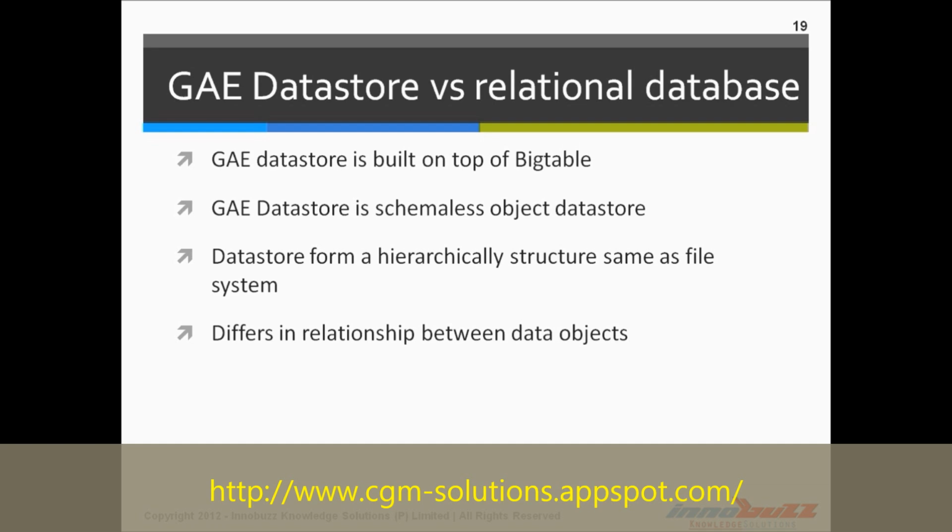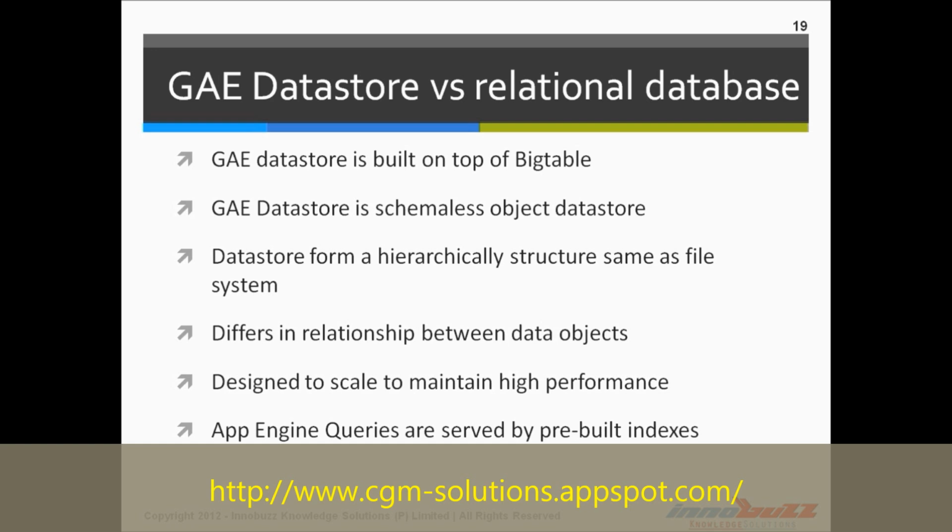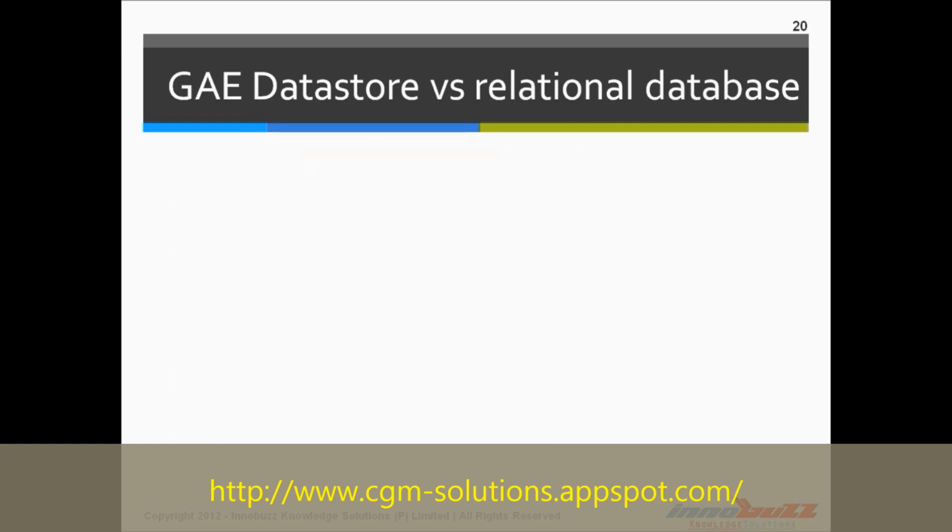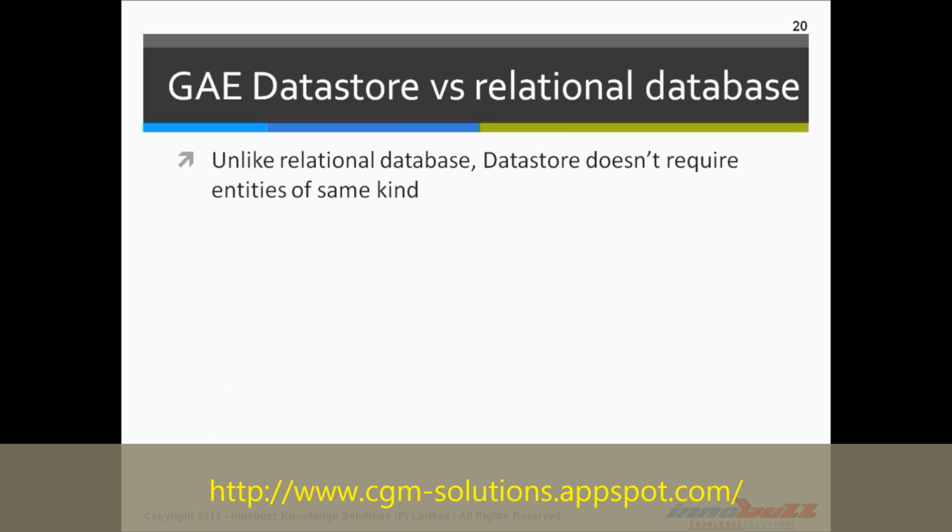It mainly differs in the relationship between data objects. It is designed to scale to maintain high performance. All the queries are served by pre-built indexes. Unlike a relational database, Datastore doesn't require entities of the same kind to have the same properties.